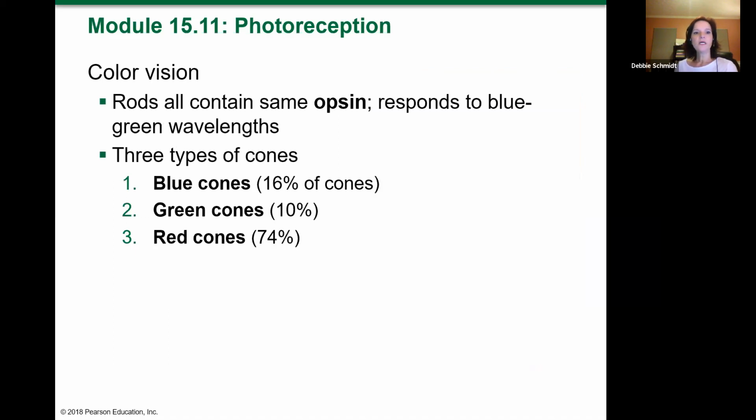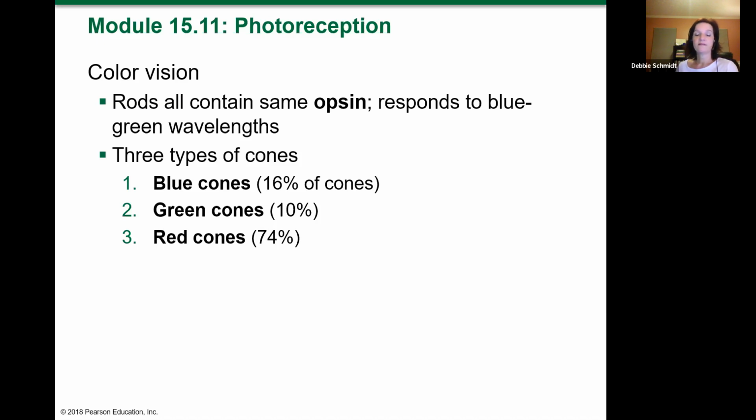Okay, so color vision. They have some opsin in them, but the same molecule is sensitive to different types. So there are opsin molecules that are sensitive to blue, some that are green, and red.